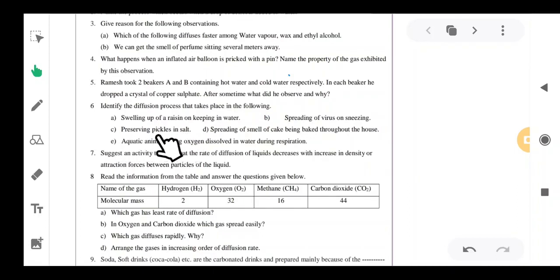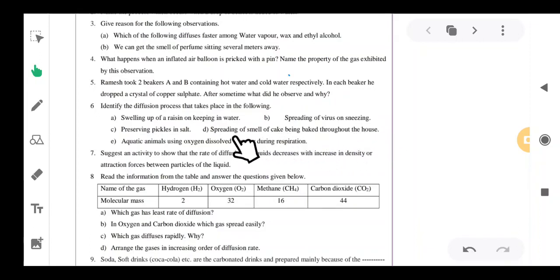Next see, preserving pickles in salt. We preserve pickles, that is avakaya, in salt; we add salt to it. What process happens here? Salt is a solid, pickle also a solid. So this salt diffuses in pickle. So solid diffuses in solids. Next D, spreading of smell of cake being baked throughout the house.